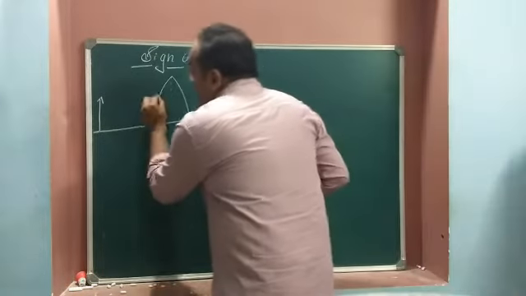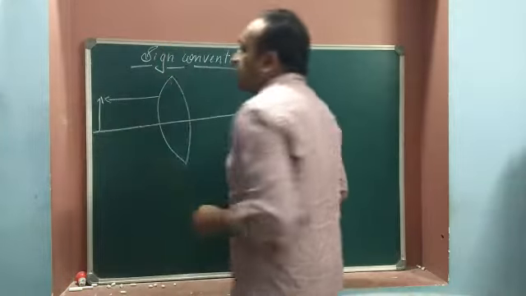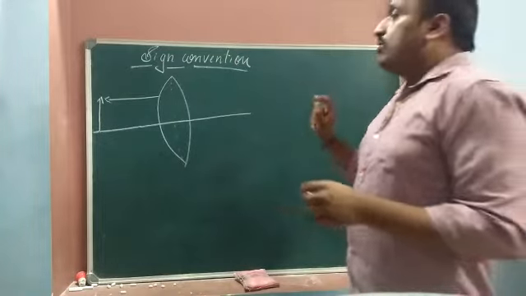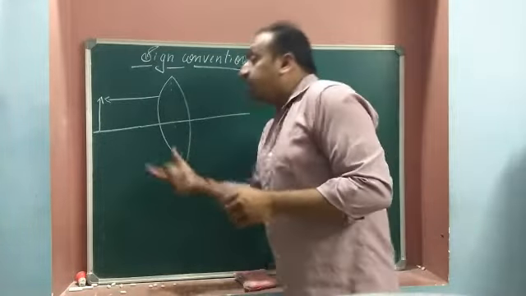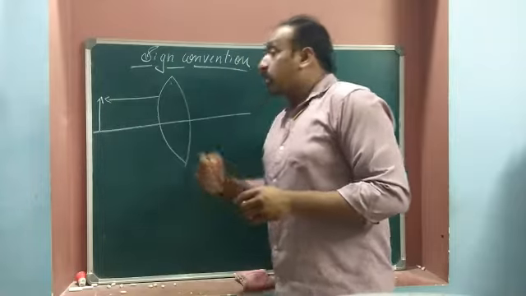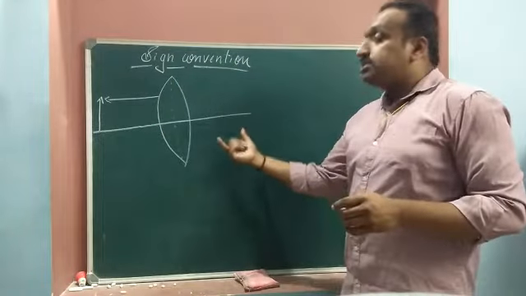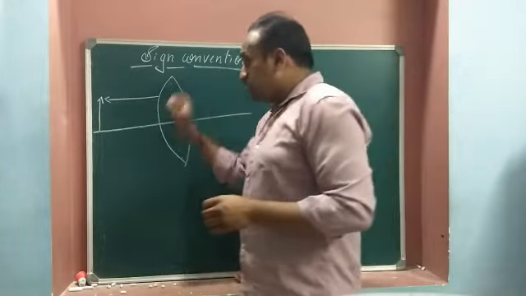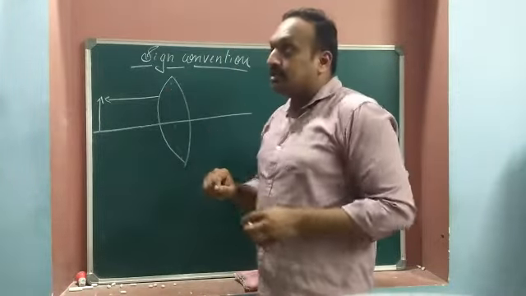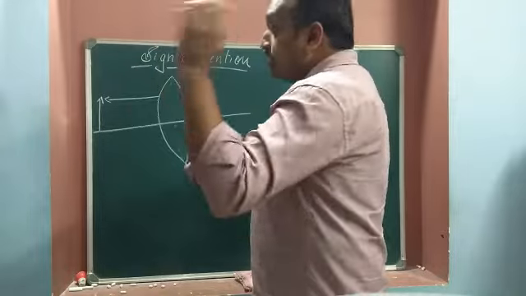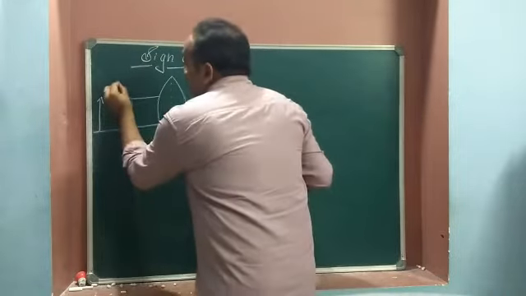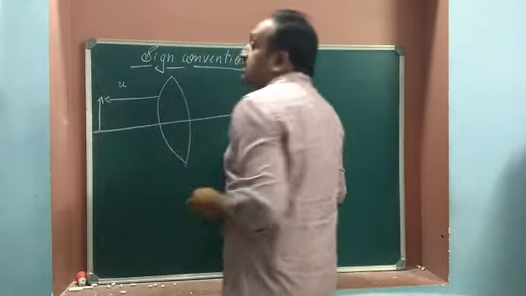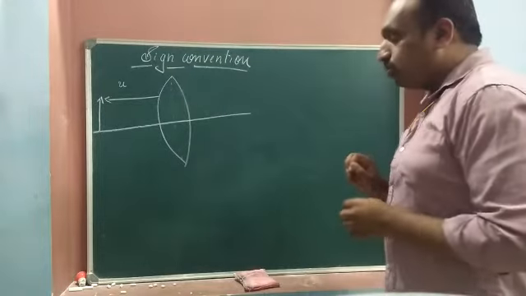So from the lens I am taking this direction because if I want to find the object distance or the image distance, I must measure it from the lens. So object distance is symbolized with the letter U.